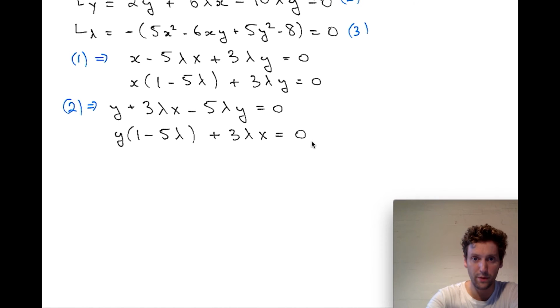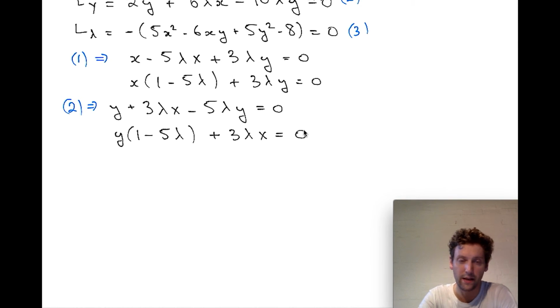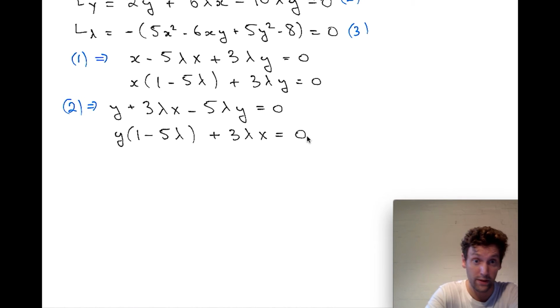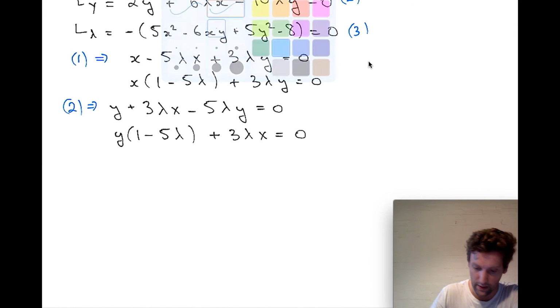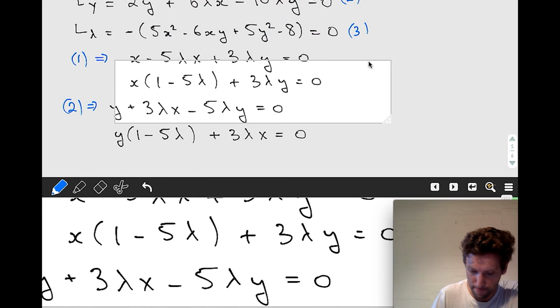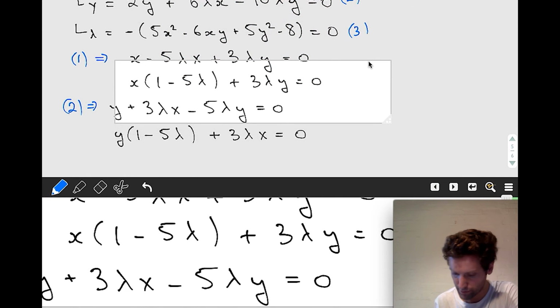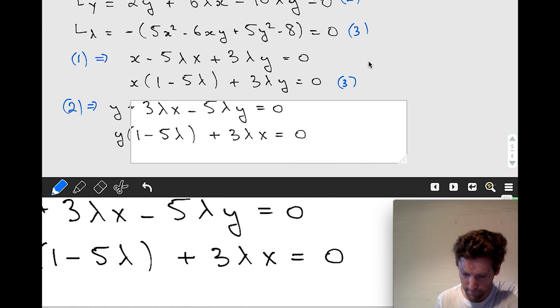So here are our two expressions that we want to solve simultaneously. The way I'm going to do this is by multiplying one of these expressions by 3 lambda y, and one by 1 minus 5 lambda x. Let's call these two expressions 3 and 4. So here's 3, and here's 4.